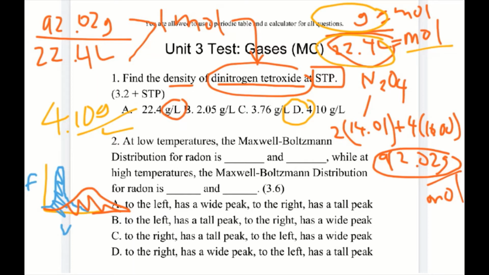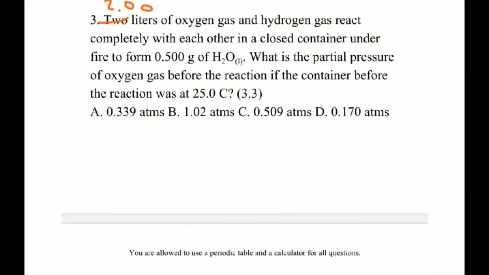Let's answer the question now. At low temperatures, the distribution is to the left, and it is a tall peak. For the high temperature, written in red, it's to the right, and it has a wide peak. It looks like B will be our answer.